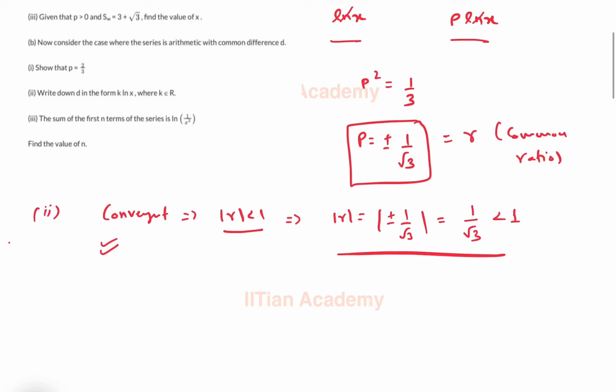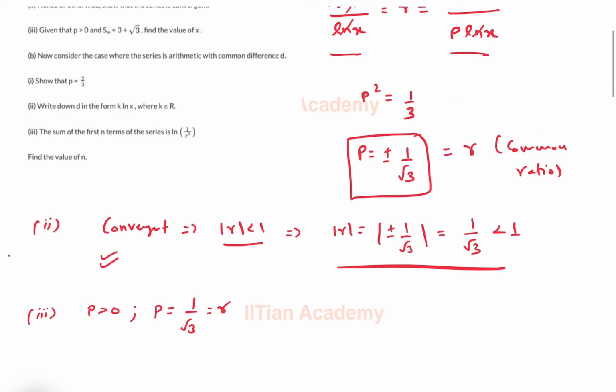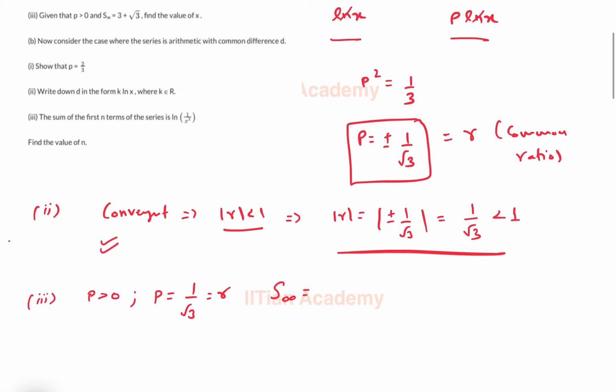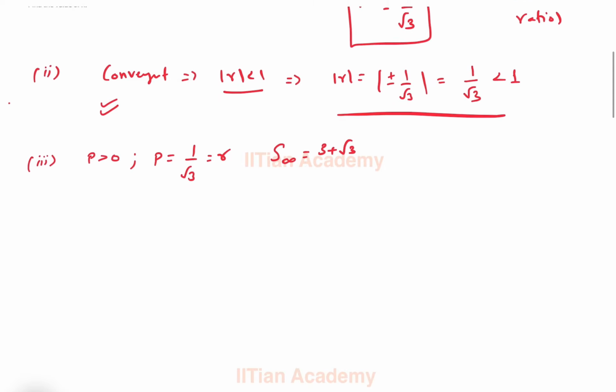Now let us move on to the third part. In the third part, it is given that consider p as greater than 0. So we had two values. Now we will consider p as 1 by root 3, which is also equal to r. And S infinity, that is the sum of these infinite terms of this geometric progression, is given as 3 plus root 3.